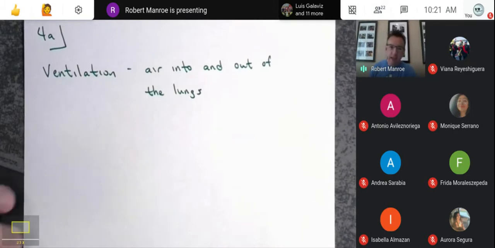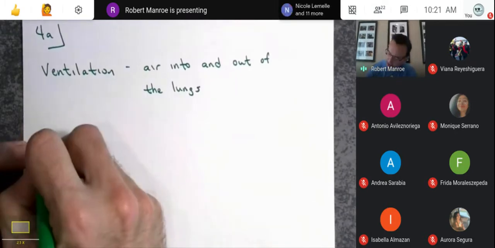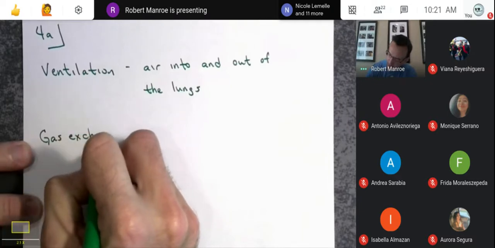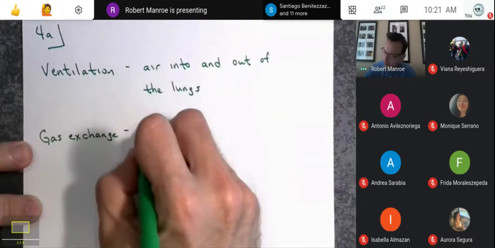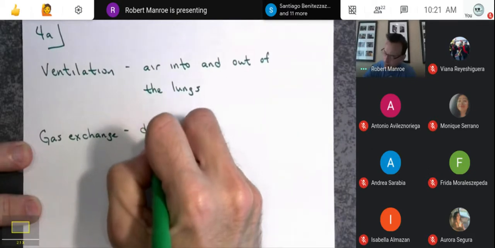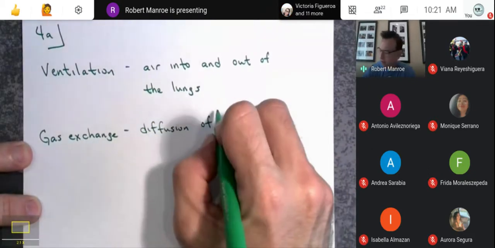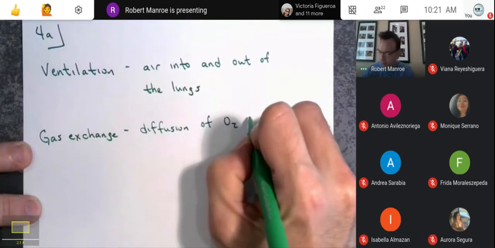And the whole point of driving air in and out of the lungs is gas exchange. And so the whole point of gas exchange is diffusion of oxygen into the blood.